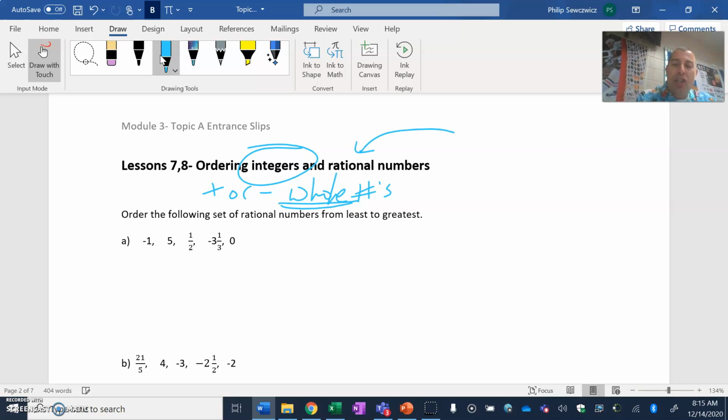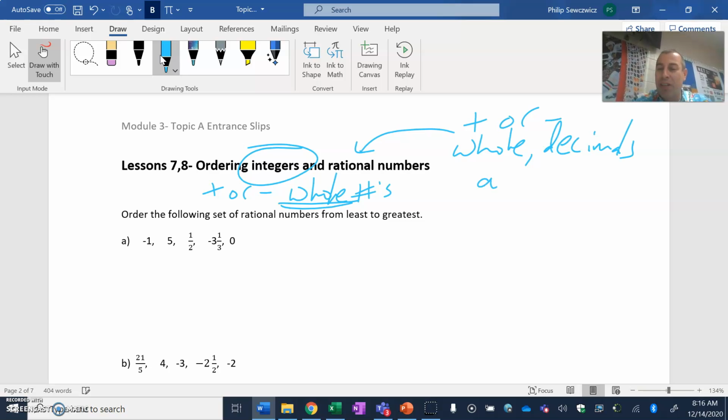Whereas a rational number is positive or negative. And yes, they are whole numbers, but they're also decimals and fractions. So this pretty much describes every single number you've ever come in contact with in your entire mathematical career, including now because we've opened the door to the negatives.